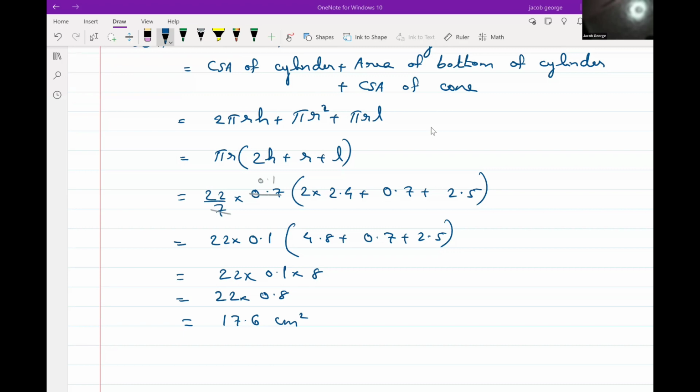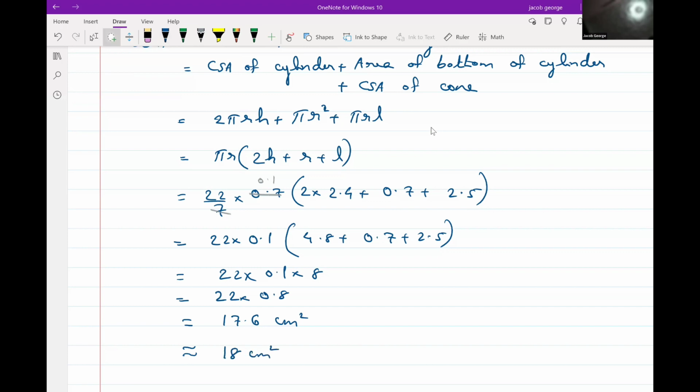Now to write it to the nearest centimeter square, see how to write nearest. So we put this sign, equivalent to, instead of equal to sign. When the decimal place is 0.5 or more than 0.5, we add 1 to the previous integer part. So we write the answer as 18.